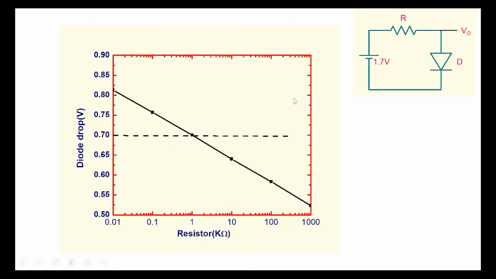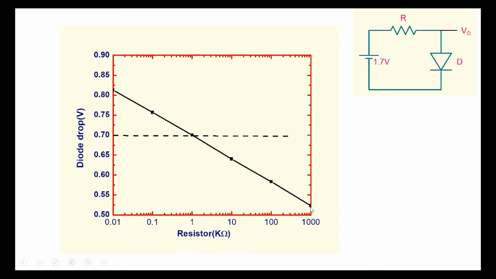We are looking at this particular circuit, and what we did was, using an accurate model and for various values of resistor, 10 ohms, 100 ohms, 1 kilo ohm, 10 kilo ohm, and 1 mega ohm, I determined the diode voltage, and the diode voltage goes like this solid line.